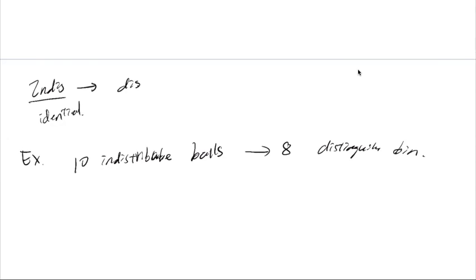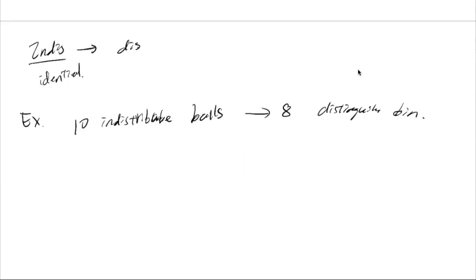Indistinguishable basically means ball and ball are identical to each other. So if I have 10 balls, and I place the first and second ball into bin 1, or place the last and second last into bin 1, that's the same thing because all the balls are identical.